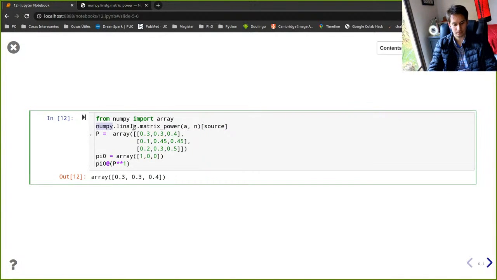From numpy linear algebra import matrix power.